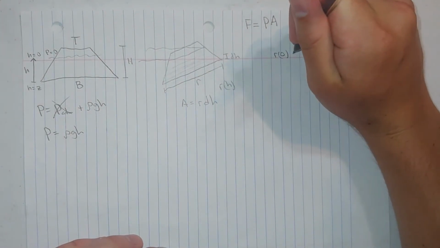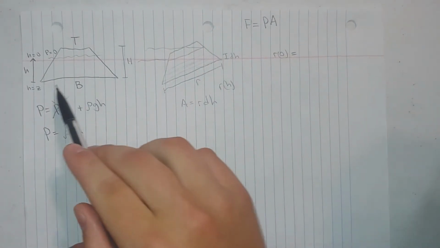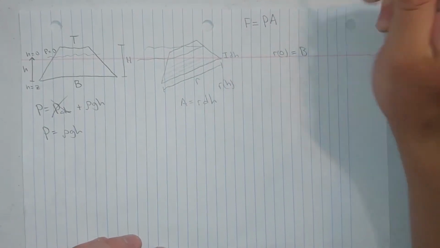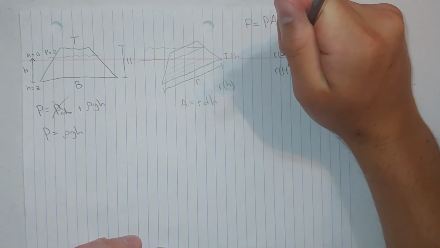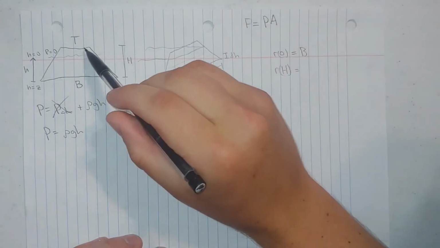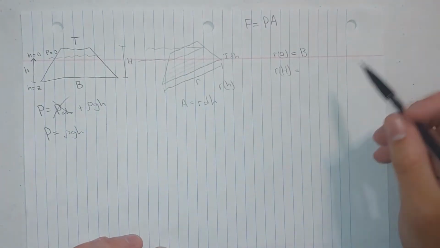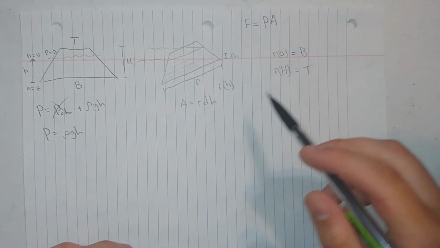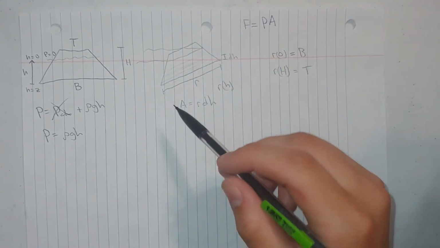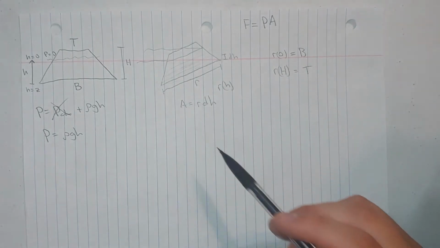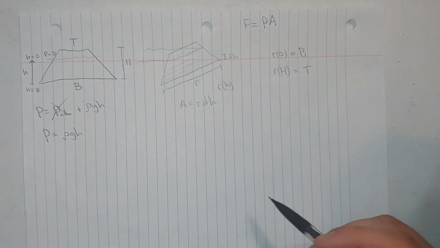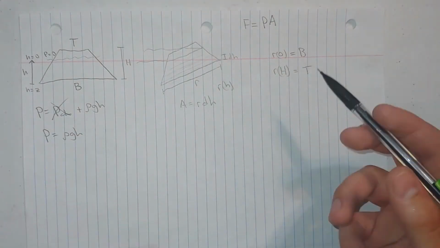So we know that at a height of 0, the width of our slices will be capital B. And we know that at a height of capital H, or the very top of the dam, the slices are going to have a width of capital T. So because this width changes linearly as you go up or down the dam, this expression has to have some sort of slope.